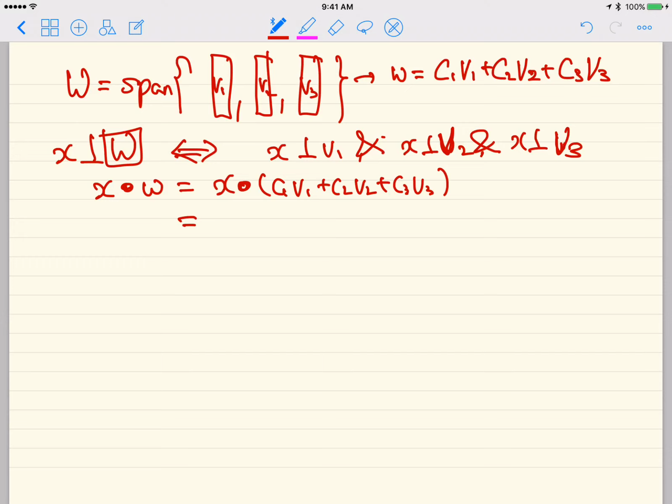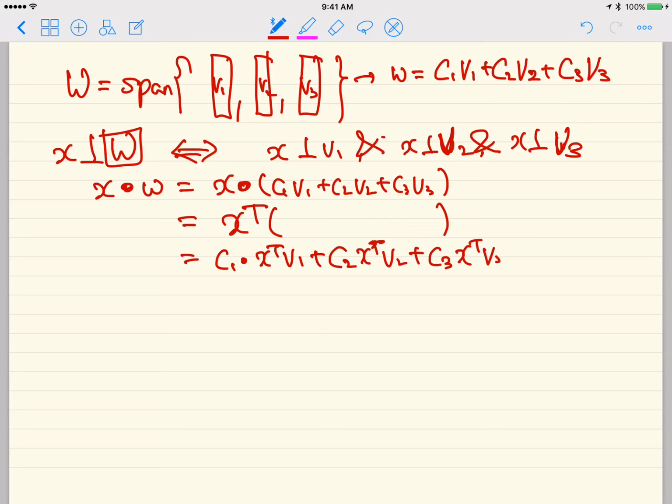This is x transpose, and it is c1 times x transpose v1, plus c2 times x transpose v2, plus c3 times x transpose v3.